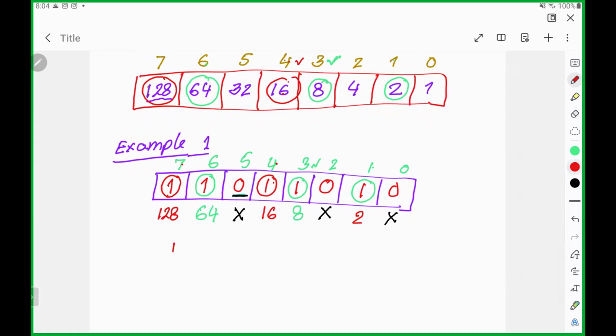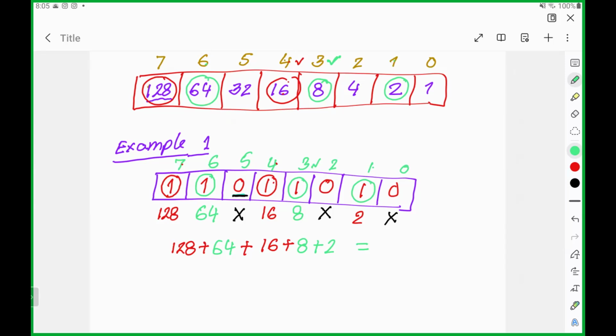So 128 plus 64 plus 16 plus 8 plus 2. That will be my total number, right? If I add them together, we can calculate. Let me bring my calculator. We are getting lazy nowadays.